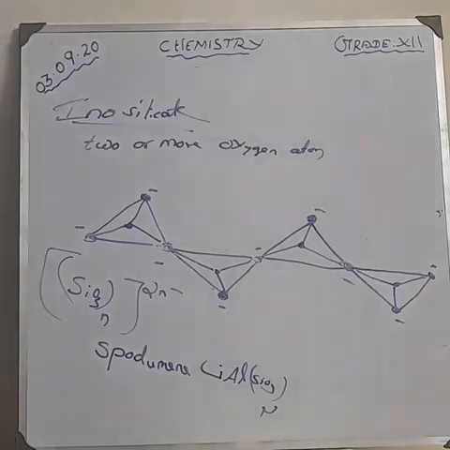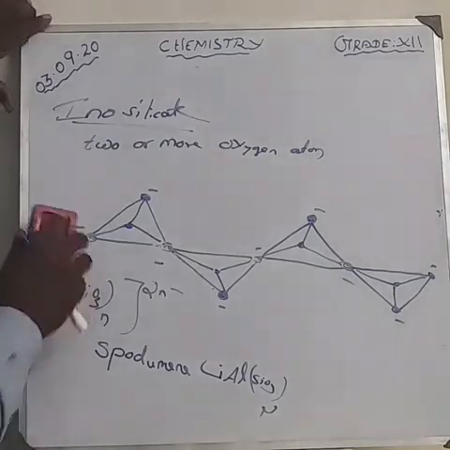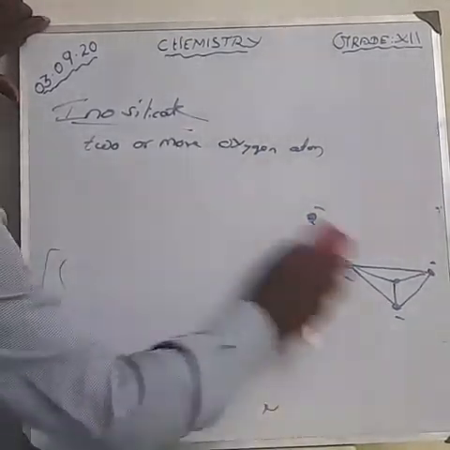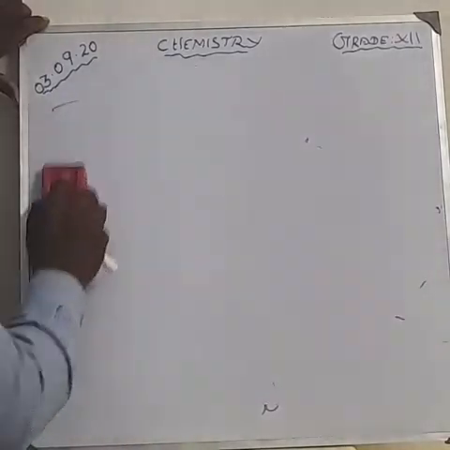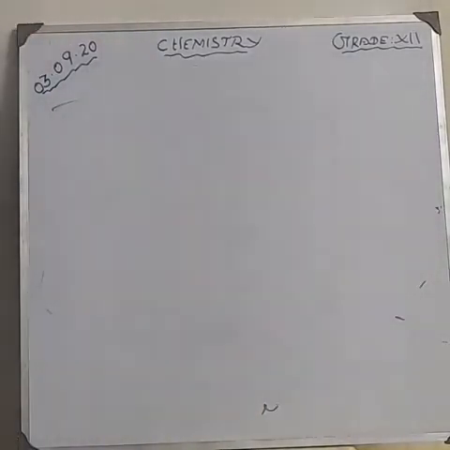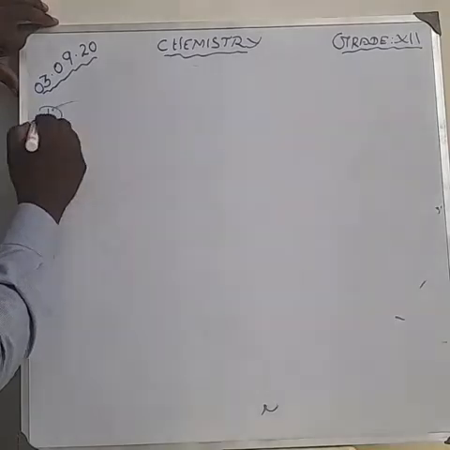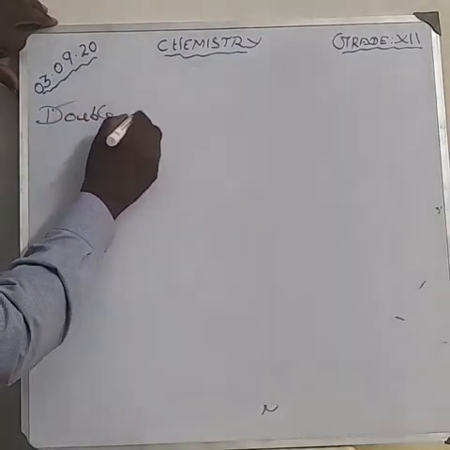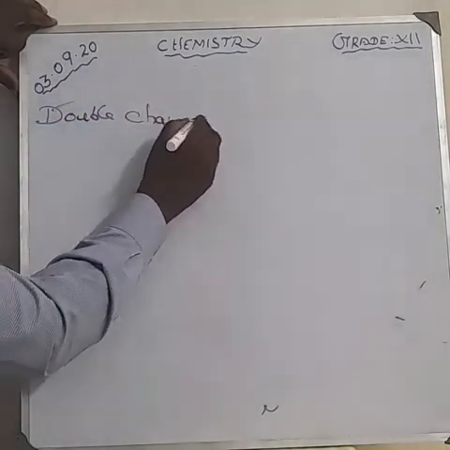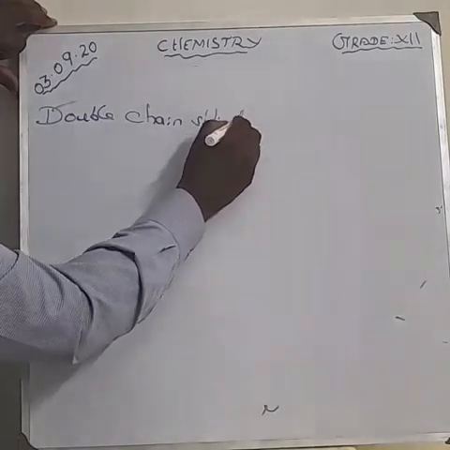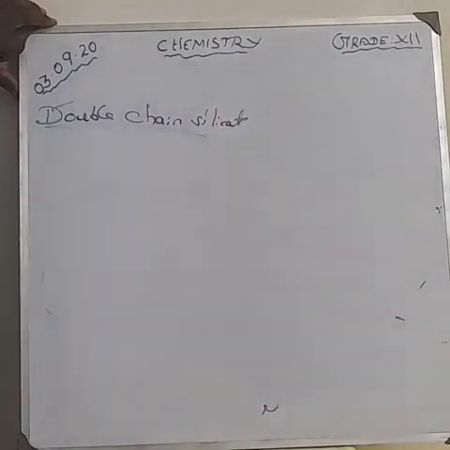Next is double chain silicate. This is different from the ordinary chain silicate.